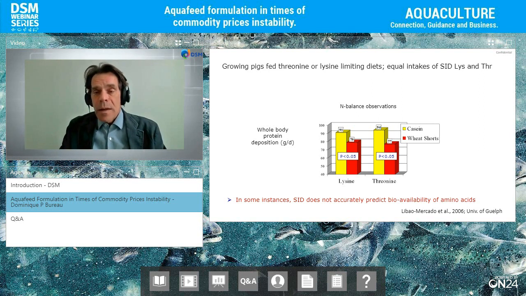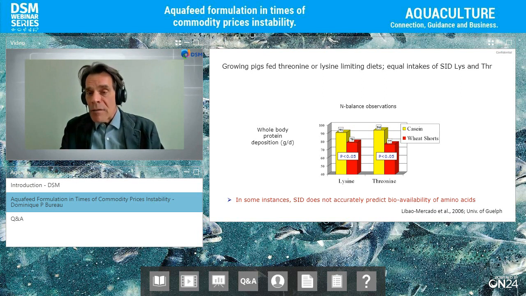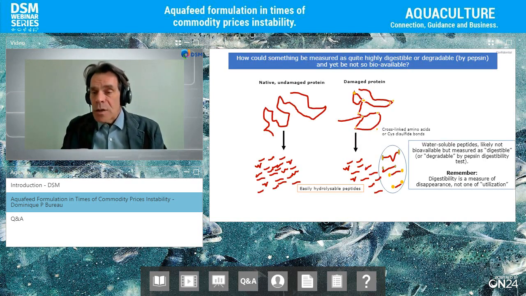So even though the digestibility was very high, the bioavailability of amino acids in these ingredients was not very high. Why? How can something be digestible and not bioavailable? Well, I have this hypothesis that it may be related to cross-links within the protein, knots as you wish. You create these knots, a bit like knots within a shoelace, and these knots interfere with protease activity.